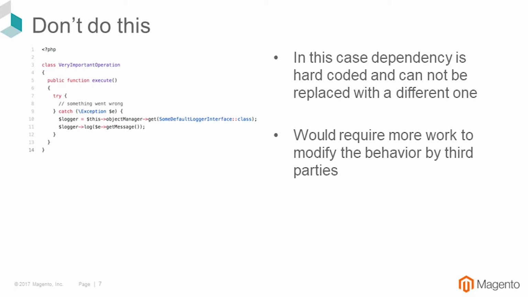What's happening here is just a small example of a class which uses a logger, which is obtained from the Object Manager directly. And actually, the only way to change that logger from whichever default logger that is to some email, SMS, doesn't matter, would be to completely rewrite this, which is stupid and consumes a lot of time.